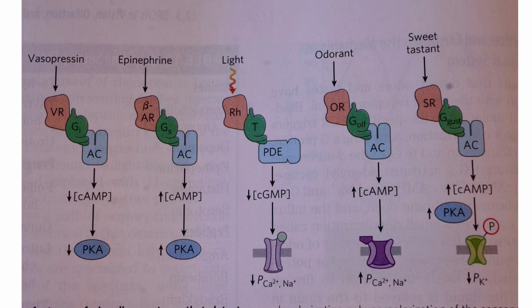So when we look at these actions in vivo, you have vasopressin, epinephrine, and light acting on these proteins like rhodopsin, with coupling to these complexes, which cause decreases or increases of cyclic AMP.